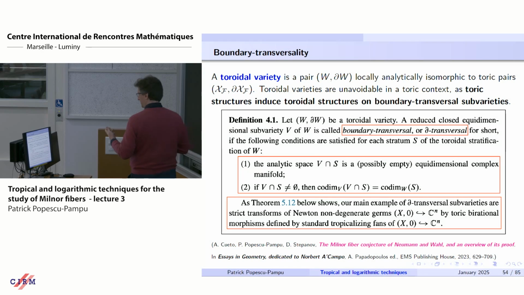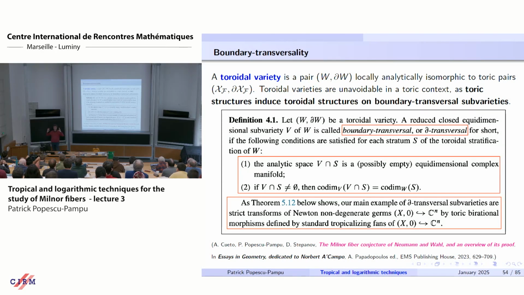We are in a toroidal variety. A toroidal variety is like a toric one. A toric one is not simply an ambient variety, but it has a fixed divisor, the complement of the dense torus, which we call D calligraphic of W, and toroidal is the same, but in the analytical category.